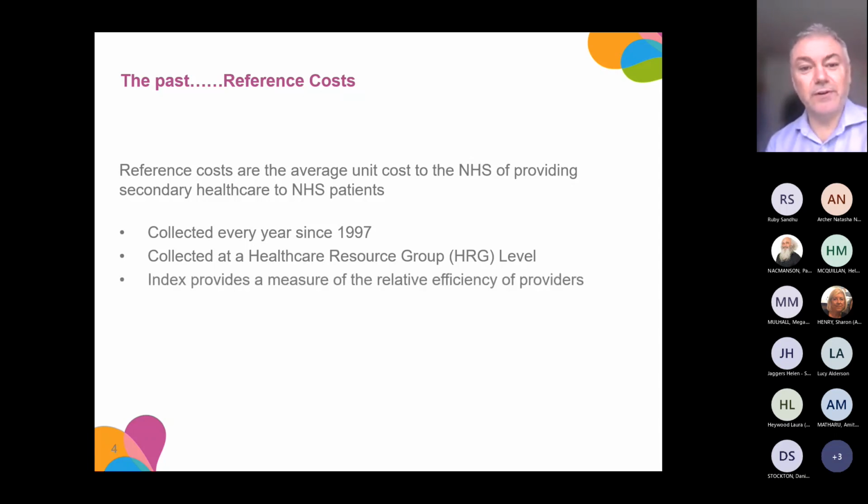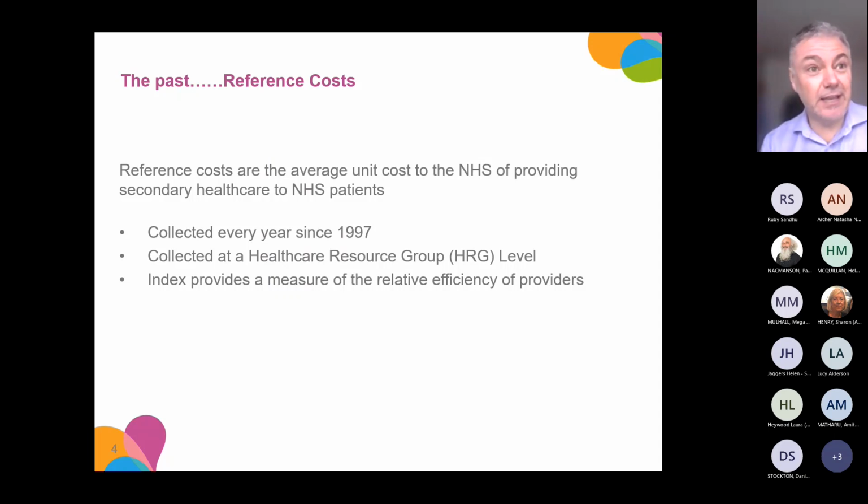There's an index that's provided, and that's a measure of the relative efficiency of providers. So every trust, when they submit their costs, about 3 months after that, NHSE collect all those costs, look at the activity levels that the trust has provided, and give the trust an index where 100 is the national average, and anything above or below that 100 is a measure of the efficiency.